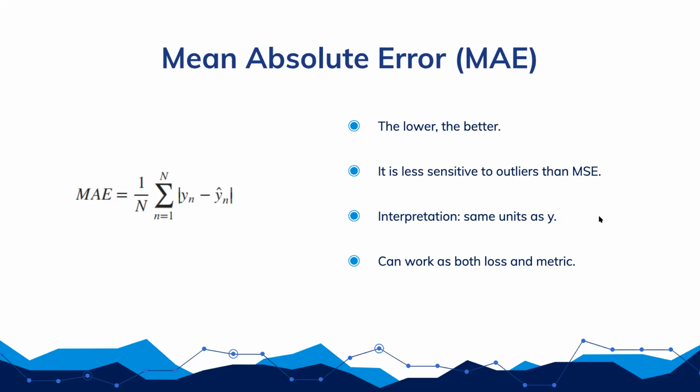So you put the absolute value so that you have a metric where you can say, okay, this is the sum of the errors, how much I am deviating from reality. You can deviate positively or negatively, because you can be overestimating or underestimating your hypothesis, okay? So this can work as both a metric and a loss.